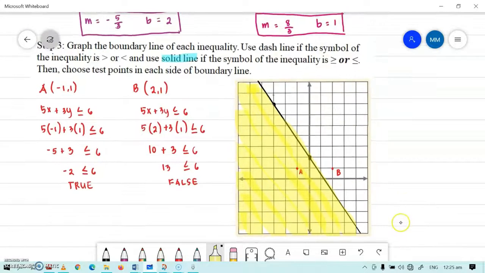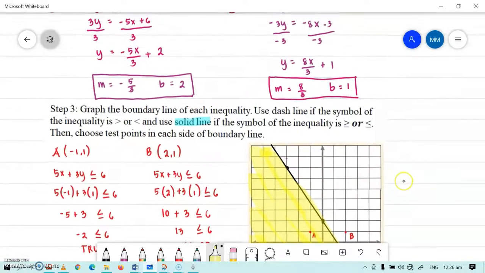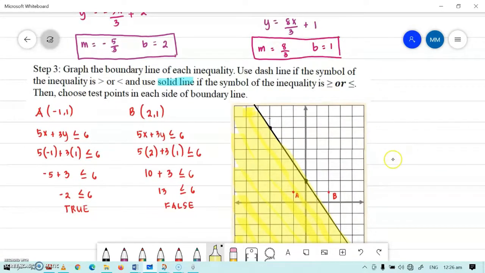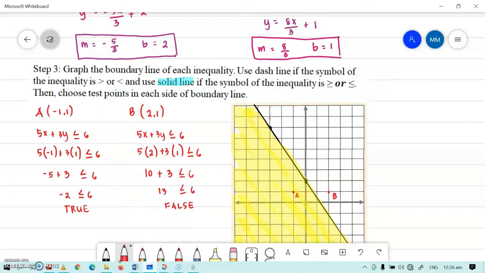Okay, now let's continue. Let's graph the boundary line for the second inequality. So for the second inequality, the y-intercept is 1. So let's locate now 1. The y-intercept is 1, so 1 is here.